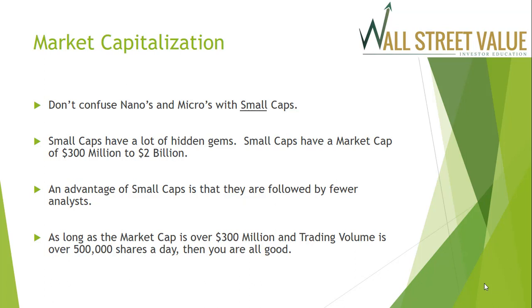But every once in a while, stocks become discounted for whatever reason, and sometimes stocks become overvalued for whatever reason. When those differences in price and value happen, they usually get corrected and revert back to their mean within a short amount of time. But when you have fewer analysts following a company, those bargains could last quite a while longer. So that's an advantage of a small cap stock. As long as the market cap is over 300 million and trading volume, as we learned in the last video, is over 500 shares traded a day, then we're all good.